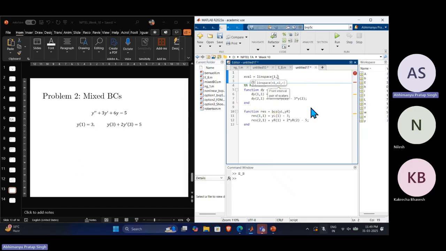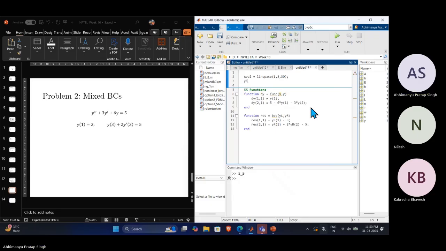We are going from x equal to 1 to x equal to 3 in increments of, let us say, 30. Next we need the bvpinit, the initialization.